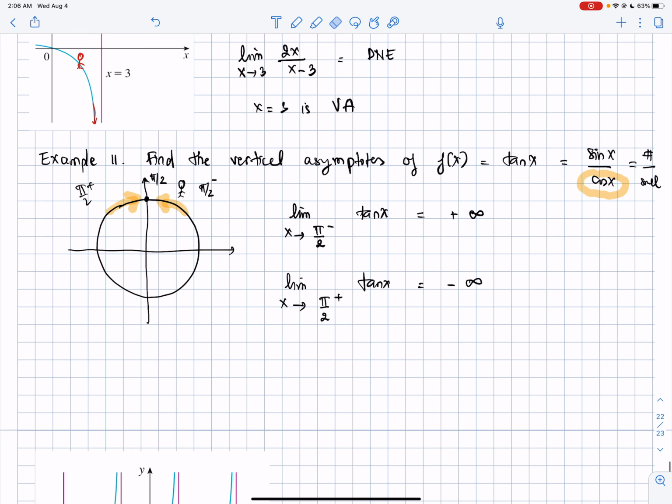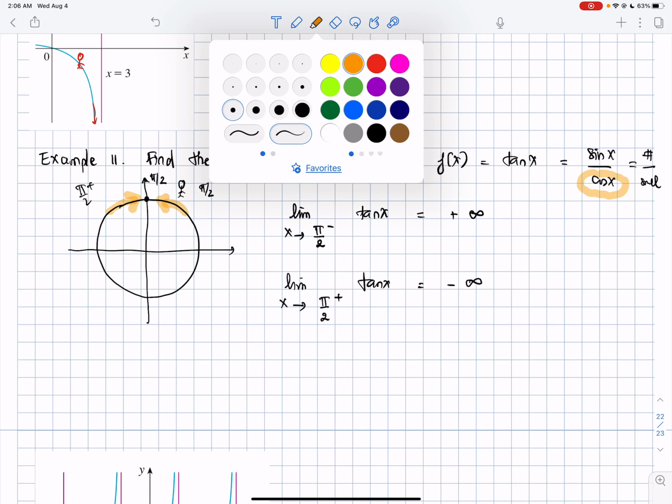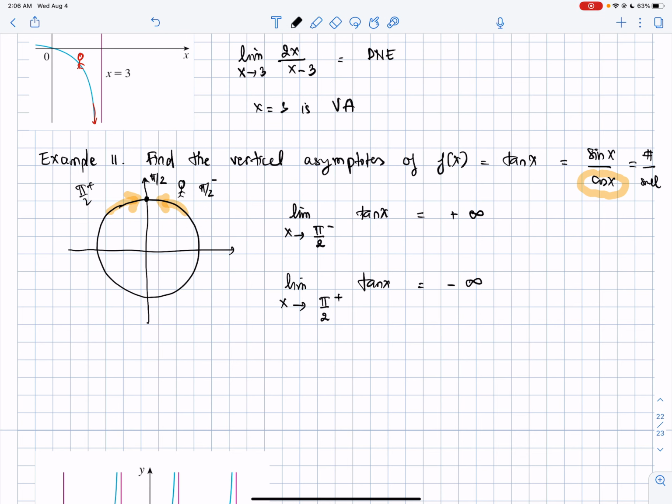Now similarly, let's pay attention to another point. The other point will be 3 pi over 2. So we approach 3 pi over 2 on the right side and 3 pi over 2 on the left side.